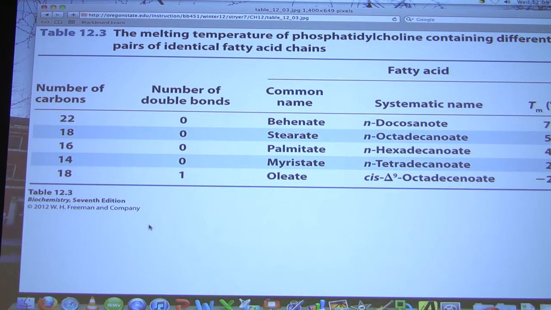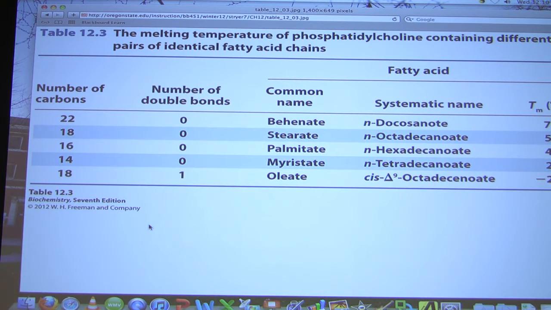There is simply an illustration of this phenomenon that I'm describing to you. Here we see something that has 18 carbons, no double bonds, and its transition temperature is 58. Here's something with 18 carbons and 1 double bond, and its transition temperature is minus 22. So that single double bond made a heck of a difference in the melting temperature.